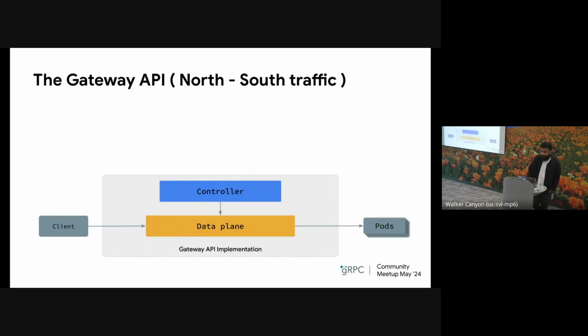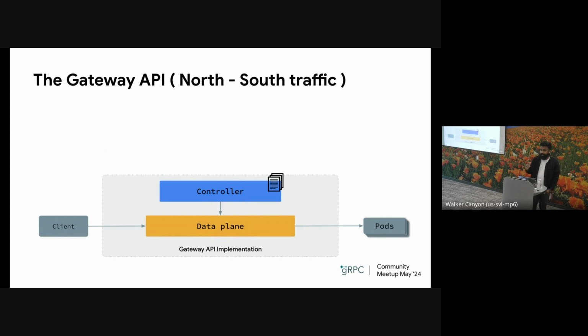So these are actually APIs. In terms of Kubernetes, APIs are normally resources, and these are APIs that require an implementation to be installed in the cluster. So these implementations should consume the APIs to implement the routing behavior defined in the API.